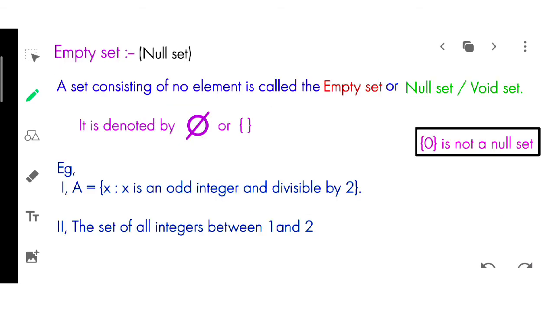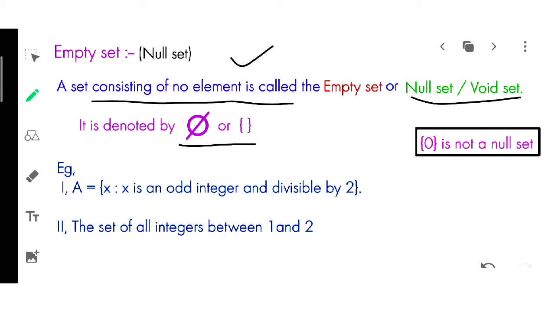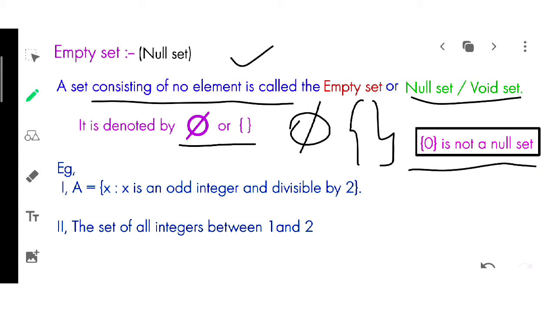Okay students, next here I have given you the definition of the empty set, which is also called a null set or void set. The set consisting of no elements is called an empty set, and it is denoted by this symbol, phi, or empty curly braces. Okay students. And the set that has the element 0 will not be a null set. Why is it not a null set?